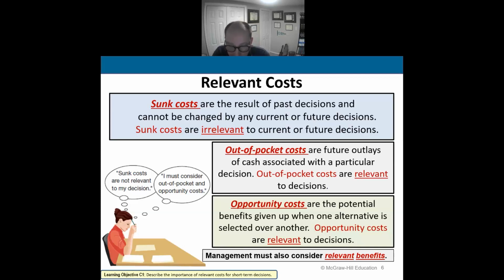That is the opportunity cost. It's important that regardless of the decision, management should always consider this thing called relevant benefits. What is the benefit of repairing versus replacing? What is the benefit of replacing versus repairing, etc.? What is the benefit?